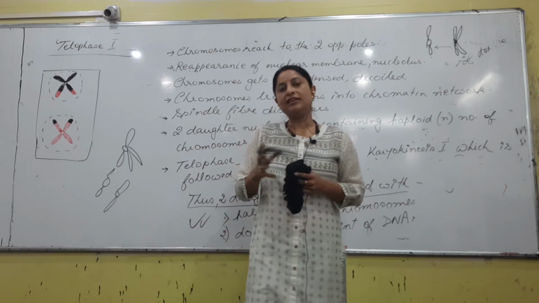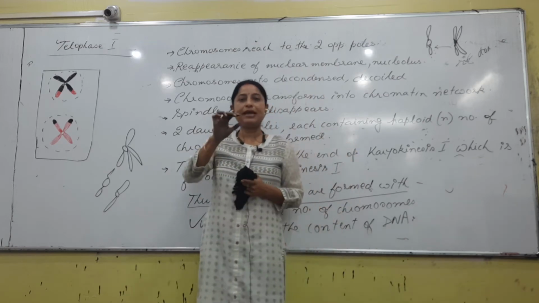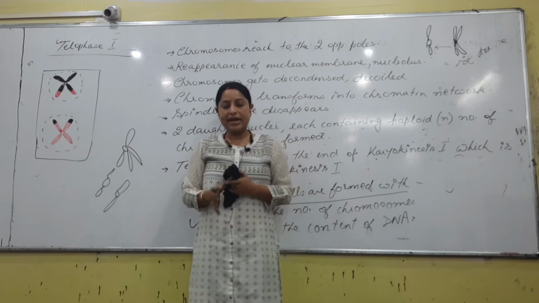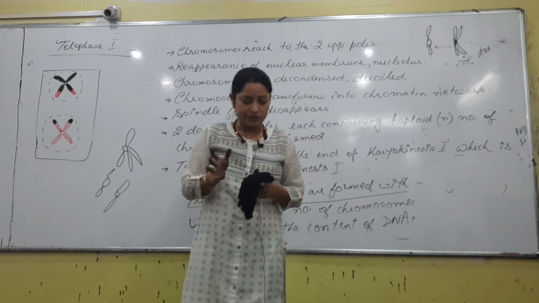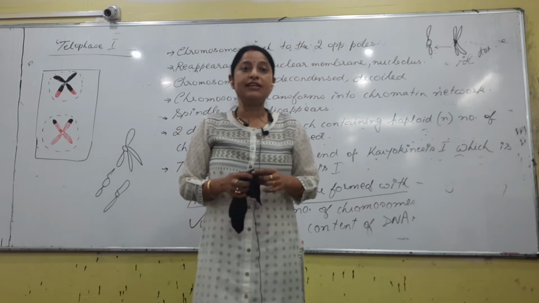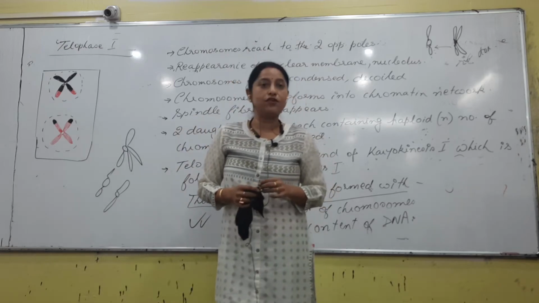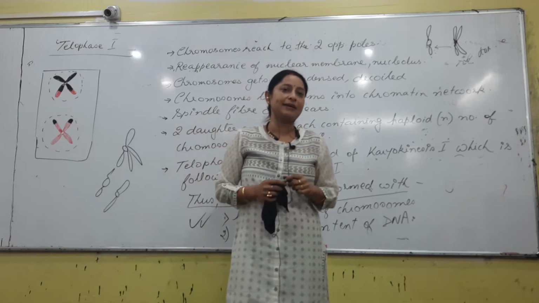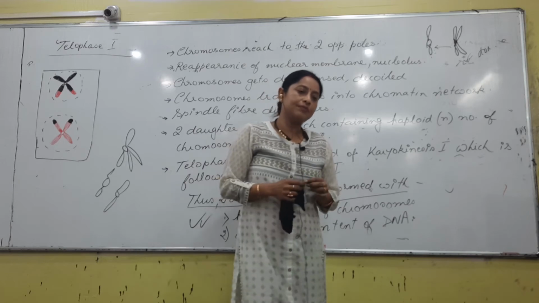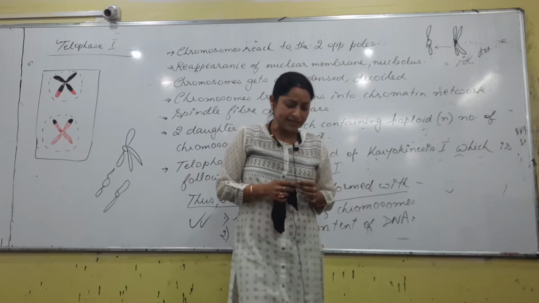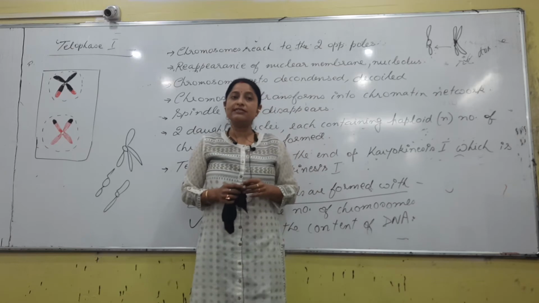Don't make it so complicated. Think about a human cell. We are talking about a cell with 2n equal to 46. How many chromosomes does a human cell have? 46. A human cell is always diploid, 46.